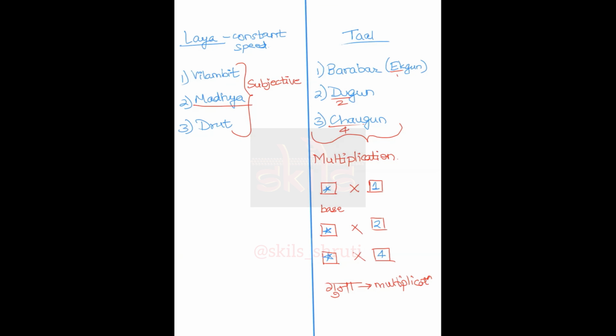That is when you are saying 1 syllable per 1 beat. When you come to your Dugun, you are saying 2 syllables per 1 beat. So the speed is increasing. Okay, the speed is exactly double when you are saying your Dugun. And in Chaugun, you are saying 4 syllables per 1 beat. So your speed becomes exactly 4 times that of your base lay.